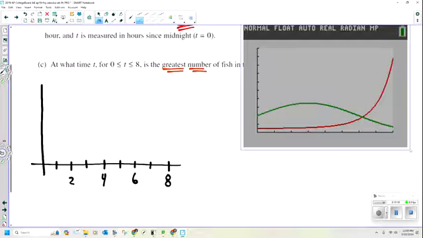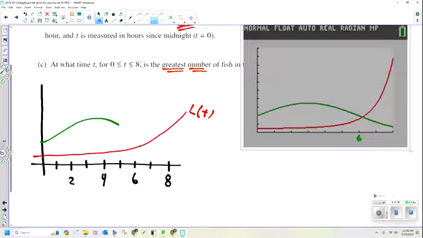And red, L of t, kind of starts like this, kind of creeps up. E of t, let's see, 1, 2, 3, 4, 5, 6. It's a little bit after 6. Probably right here it's going to intersect. E starts up and comes up like this.